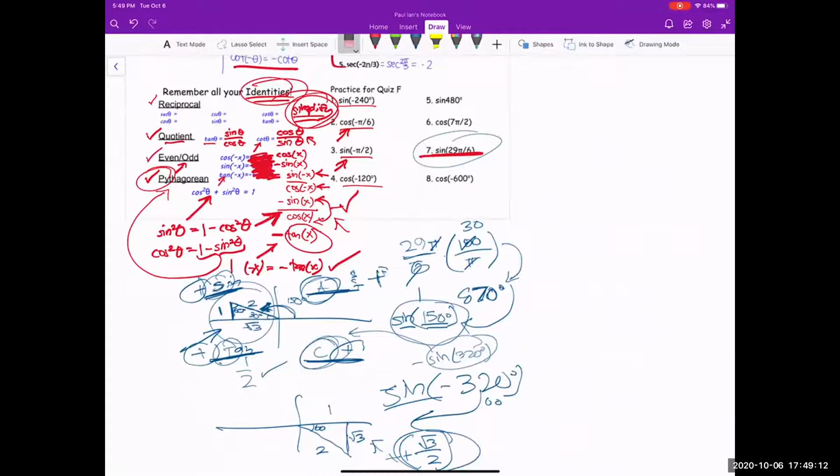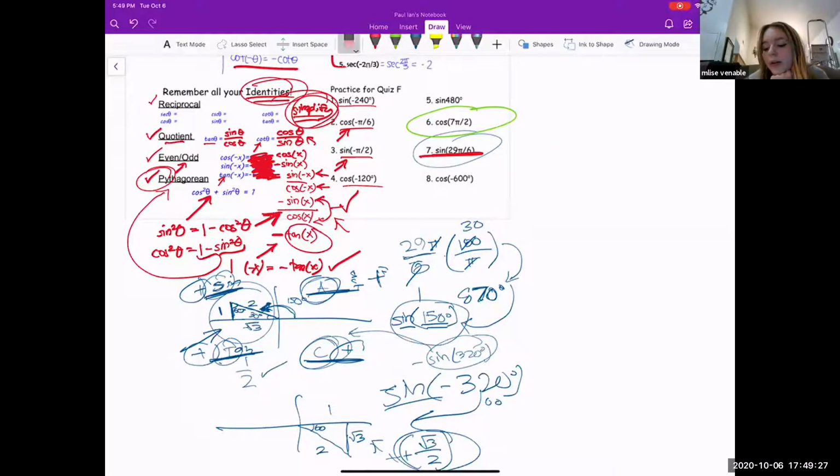Let me see which one. Try this guy, cosine of 7 pi over 2. Okay. So you would do times 180 over pi, right? The pi cancels out.